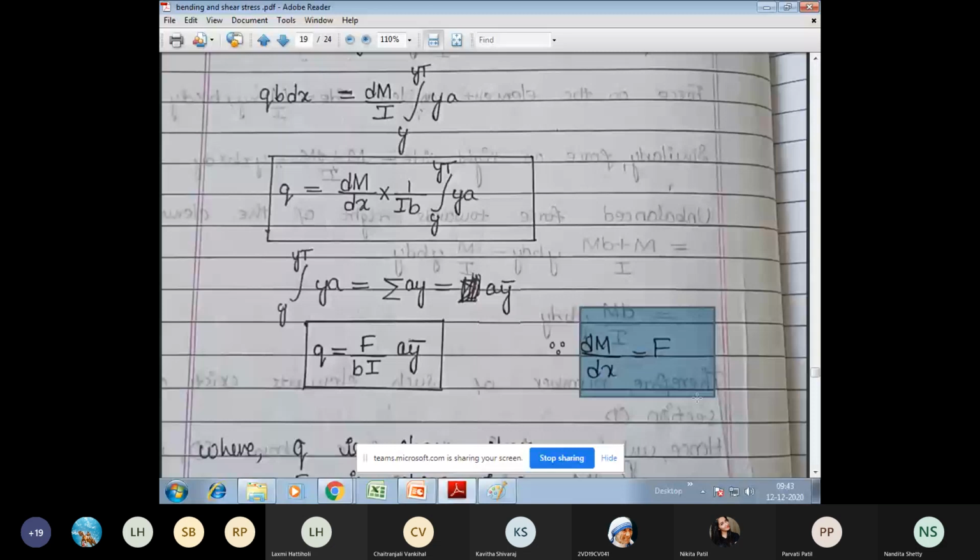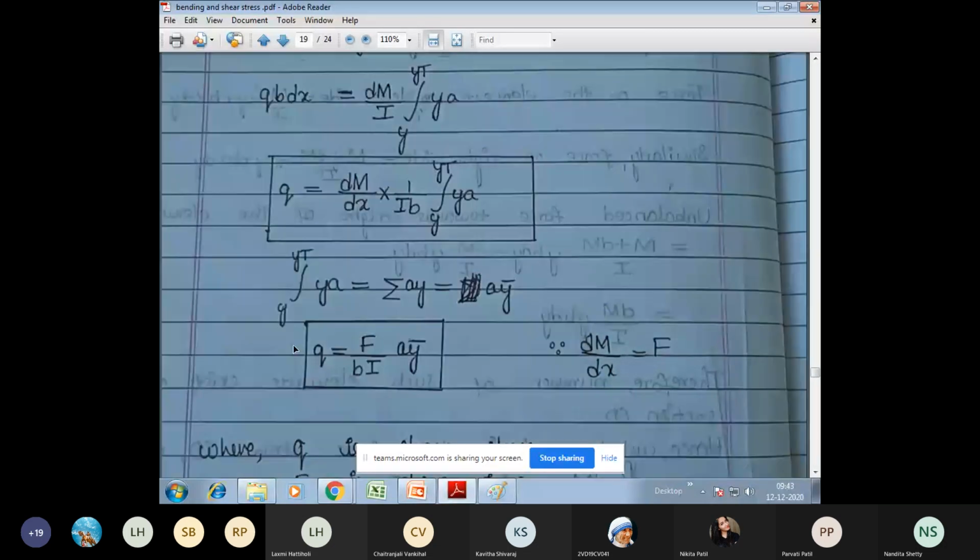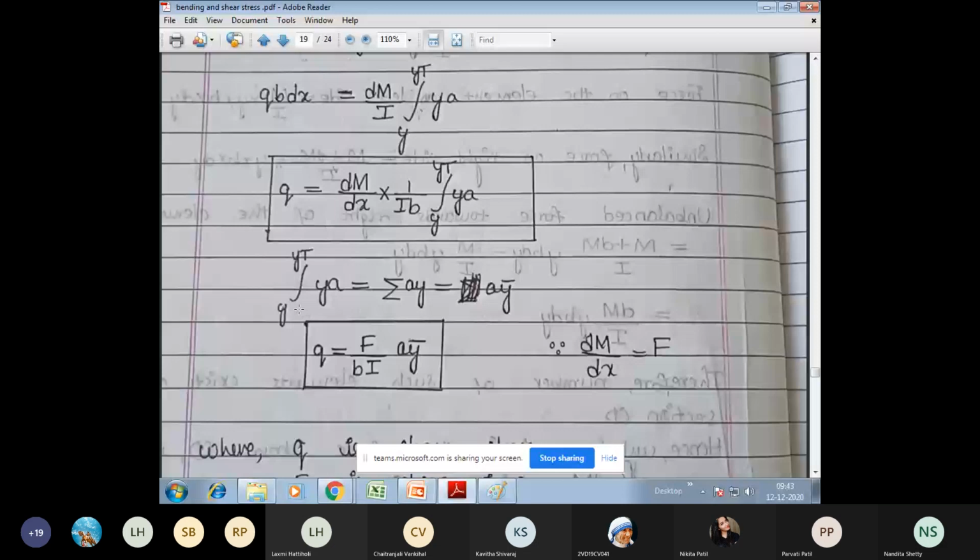Knowing this concept, I have substituted it in my equation. So dM by dx, take it as F. So Q is equal to, the final answer is F divided by I B into A into y bar. So this is the final formula for the shear stress.